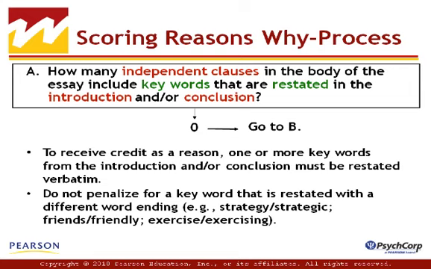You won't penalize if the examinee uses the same word with a different word ending. For example, instead I said strategy in the introduction and I used strategic in the body. But you will penalize if I use a synonym. You must use the same keywords. And that's what I demonstrated with Essay 30.